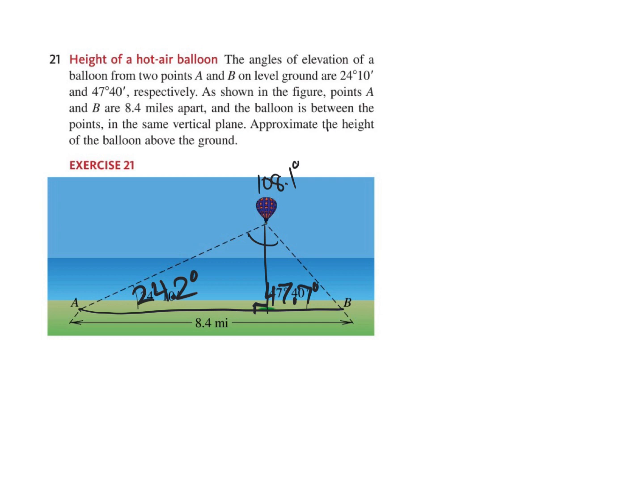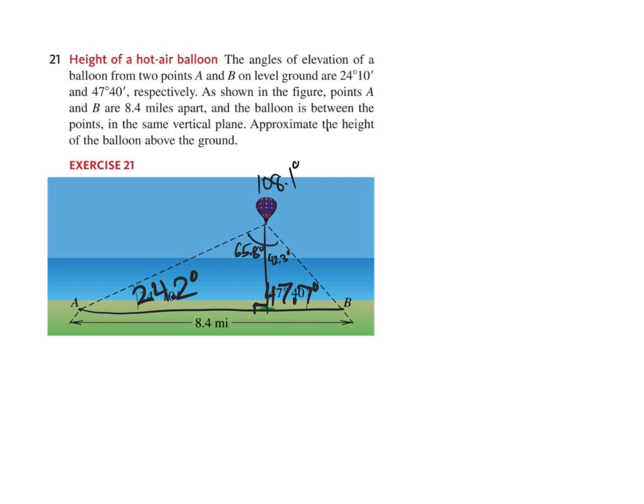Okay. Now, that's not split into two easy pieces here, but we can figure them out since we have this triangle here, and that's 90 degrees. You can take 90 minus 24.2, and that gives you 65.8. And on the other side, the same thing, 90 minus 47.7 will give me 42.3.